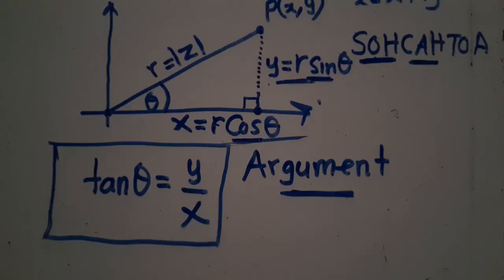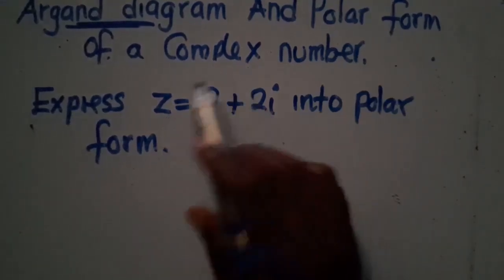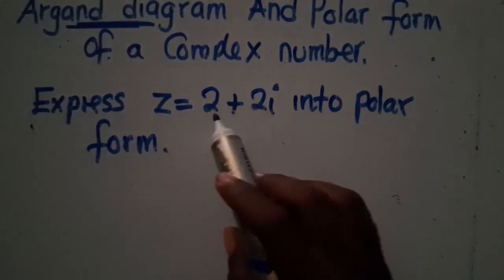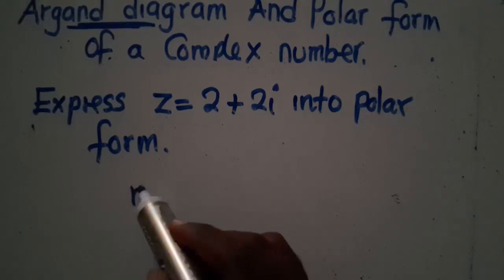So now, let us look at an example. We are given this question: express this complex number z equals 2 plus 2i in polar form. How can we express this in polar form? The first thing you need to do is find the radius.